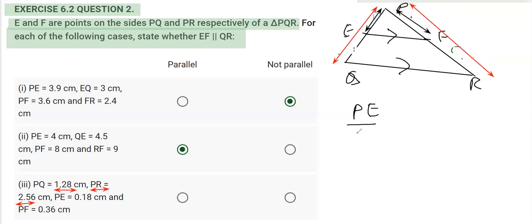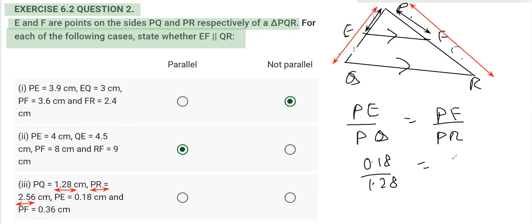Now, PE over PQ is equal to PF over PR. Writing the information given: PE is 0.18, PQ is 1.28, PF is 0.36, and PR is 2.56.